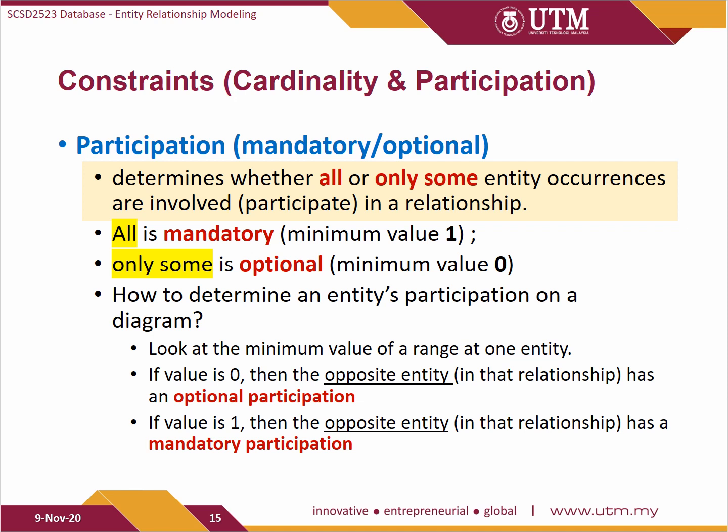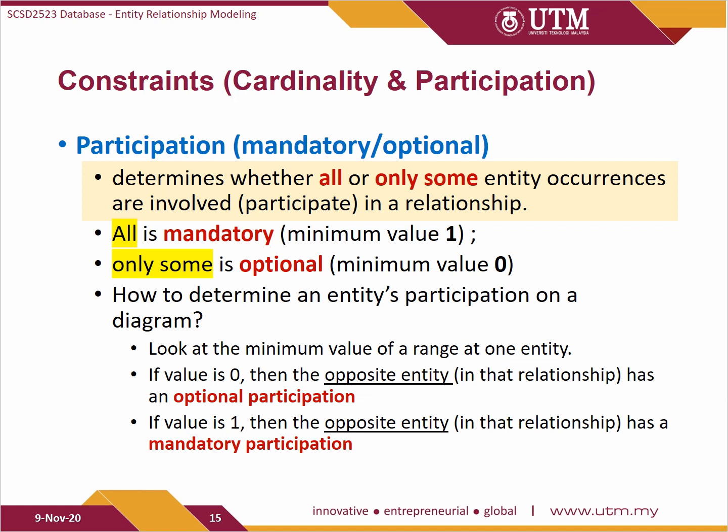The participation of entities in a relationship appears as the minimum values for the multiplicity range on either side of the relationship. Mandatory participation, or all, is represented as a minimum value of 1, and optional participation, which is not all or only some, is represented as a minimum value of 0.